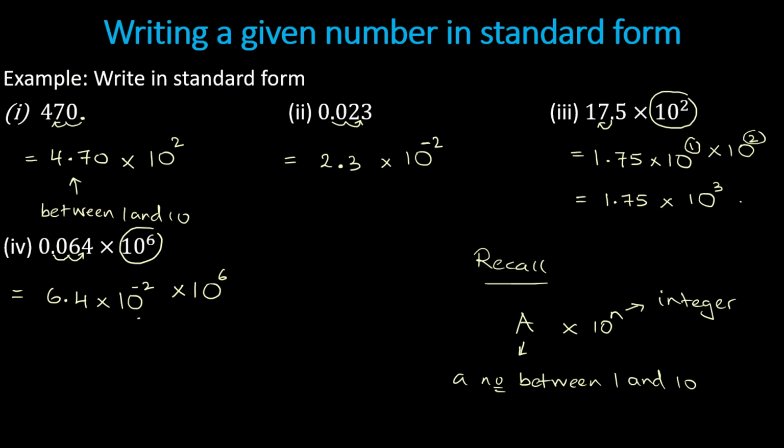Now all that we have to do is to combine these tens by using multiplication law of indices. So this gives 6.4 times 10 to the power of negative 2 plus 6, it is positive 4, right? So this is the first example, right? Especially the third part and the fourth part, you have to know it because we are going to use this in the coming examples, right?